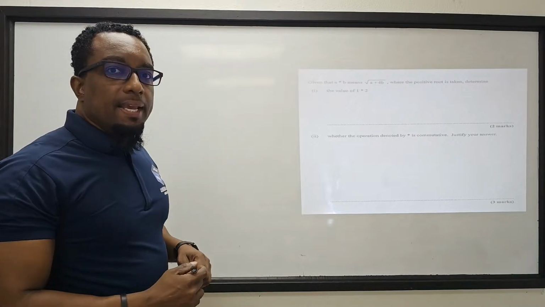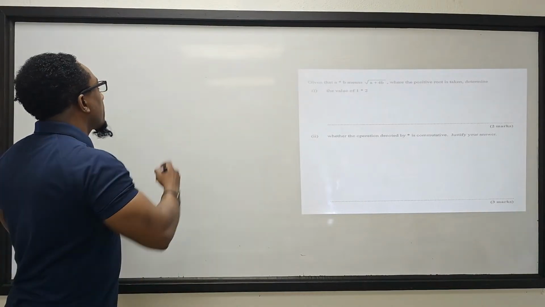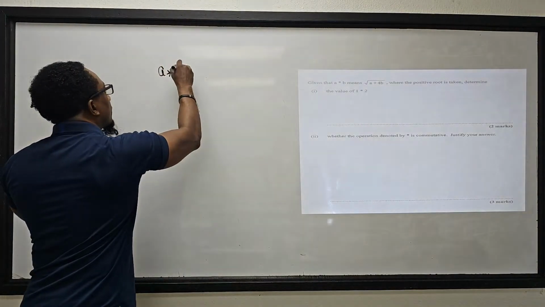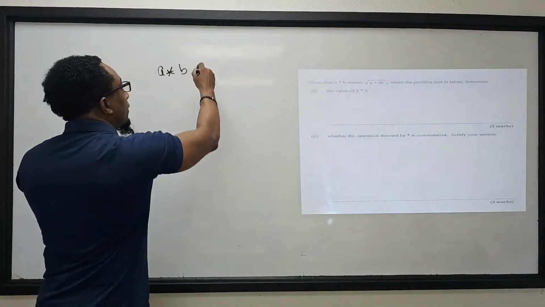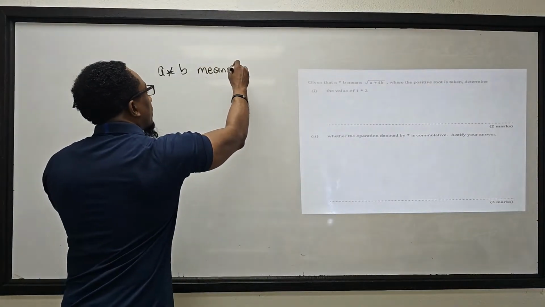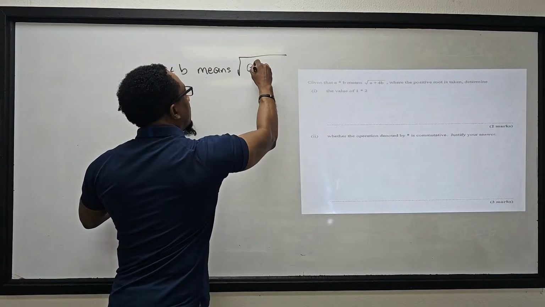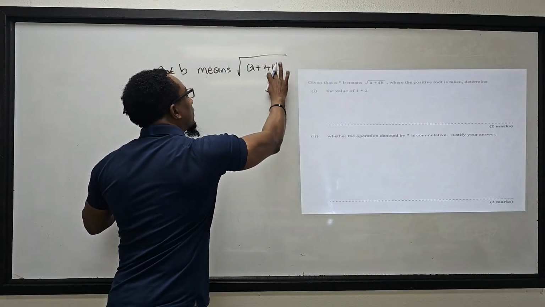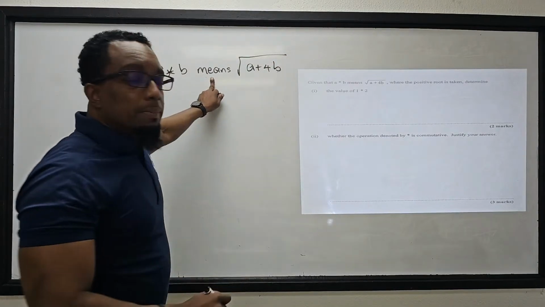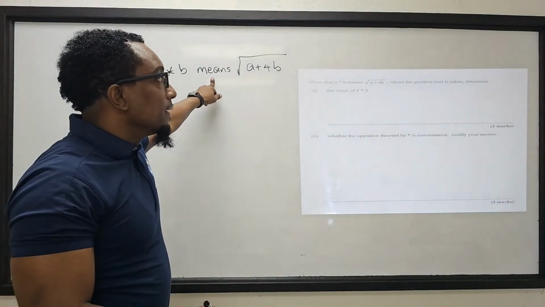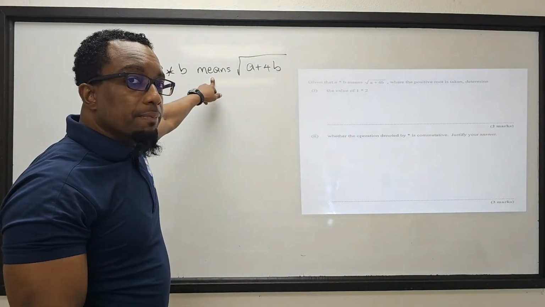So given that A asterisk B means the square root of A plus 4B. That means it will be the same as your equal sign, where the positive root is taken.